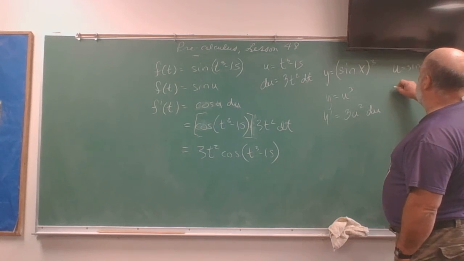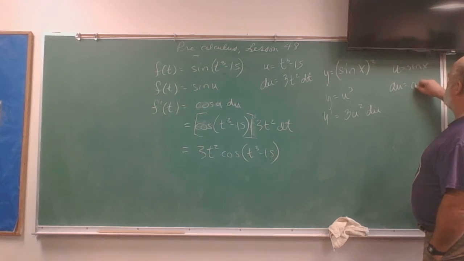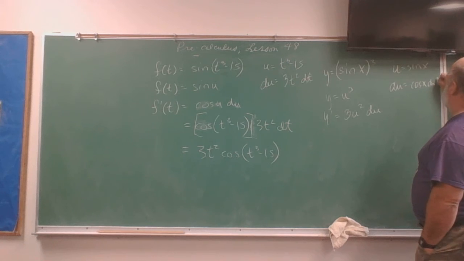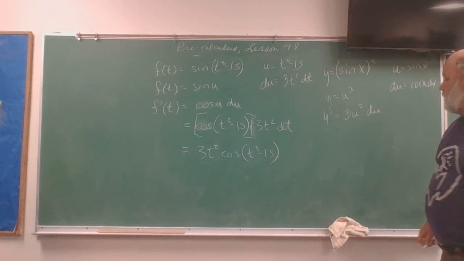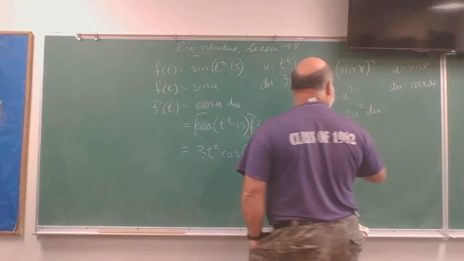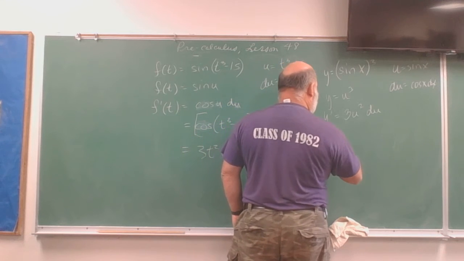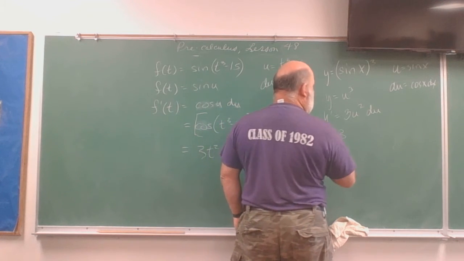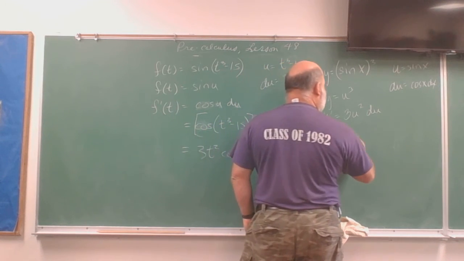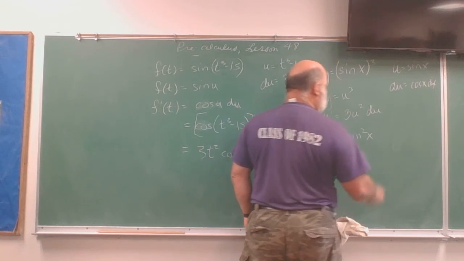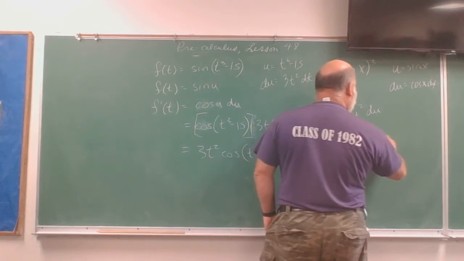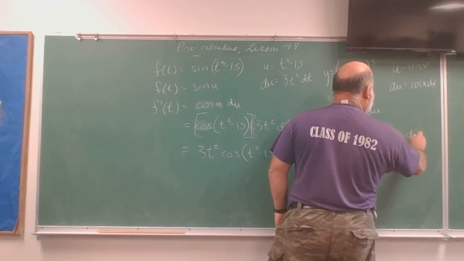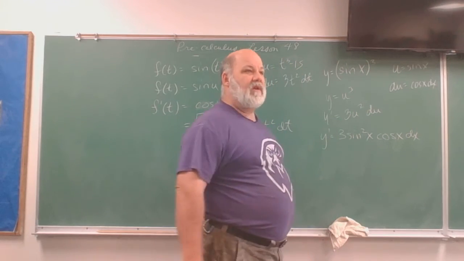What is du? It's cosine of x dx. Right there. So we substitute these in here. Y equals 3 sine squared x times the cosine x dx.